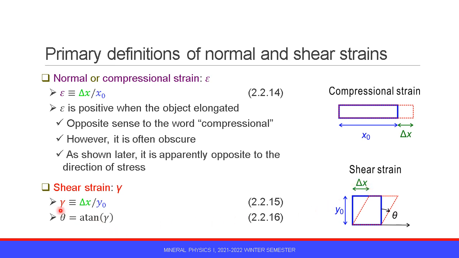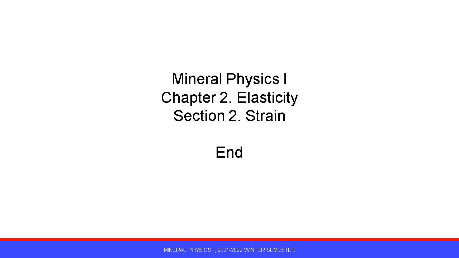Then the shear strain gamma is defined as delta x over y0. And the angle of this inclination, theta, is the arctangent of the shear strain gamma. So this is the end of chapter 2, elasticity, section 2, strain.